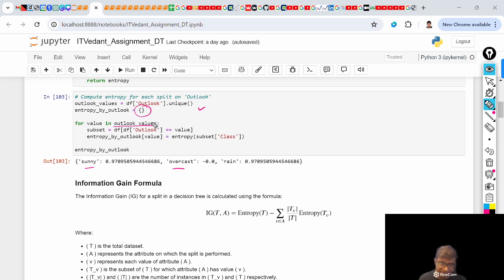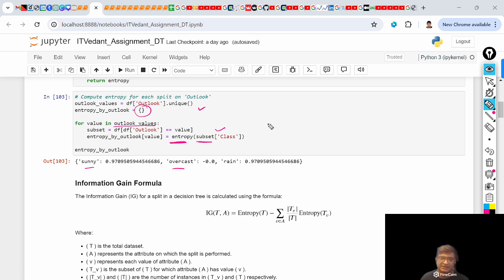We initialize an empty dictionary for each of these entropy calculations, call the function, and put in all the entropy values for each of these Outlook values, because we have created a subset for each of them.